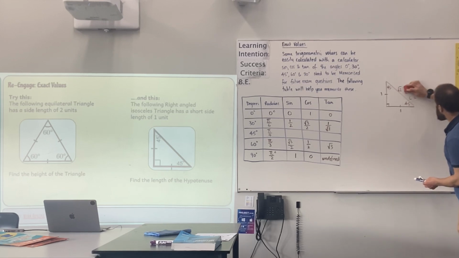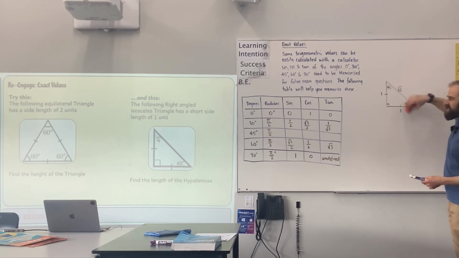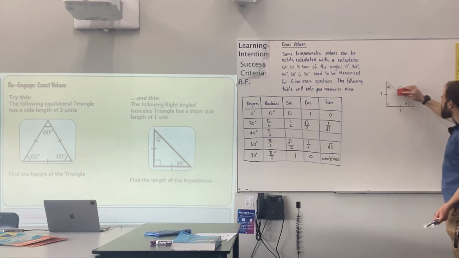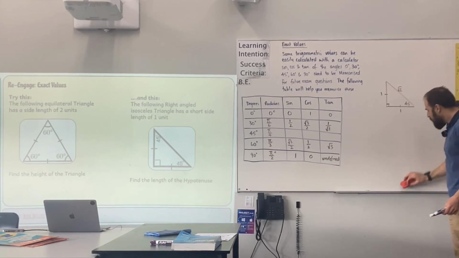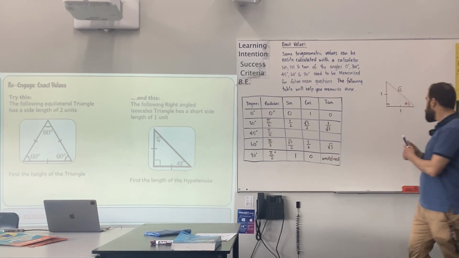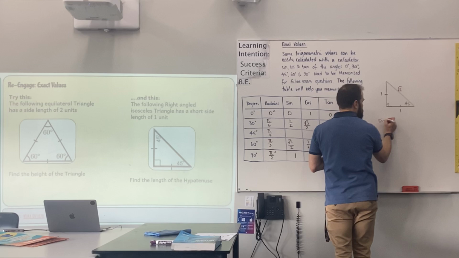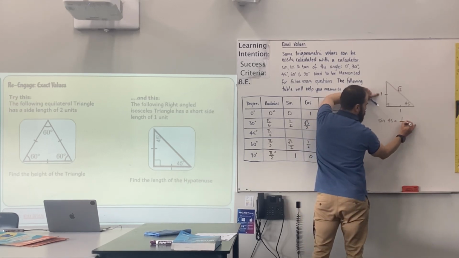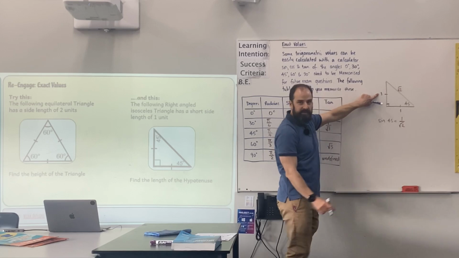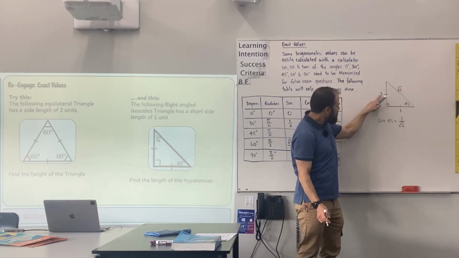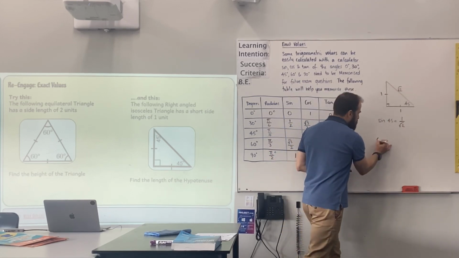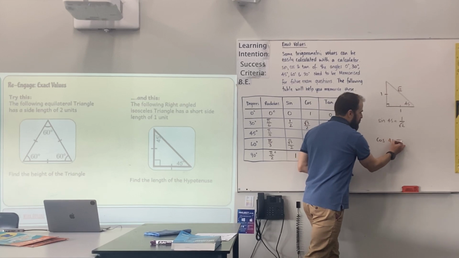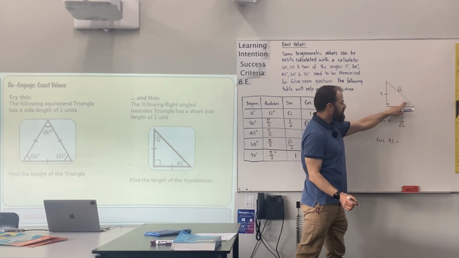Now I'm going to do sine, cos and tan of 45 degrees. I don't need to know both of the 45s. I'm just going to pick one of them. I'm going to choose this 45 down the bottom. So sine of 45 degrees equals the opposite over the hypotenuse, 1 over root 2. Cos of 45 degrees, funny enough, it's the same.